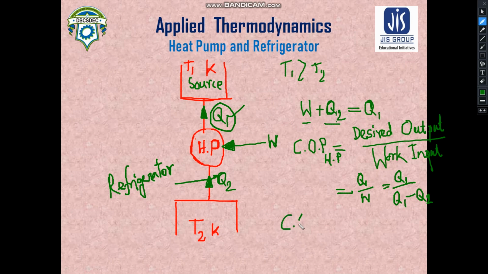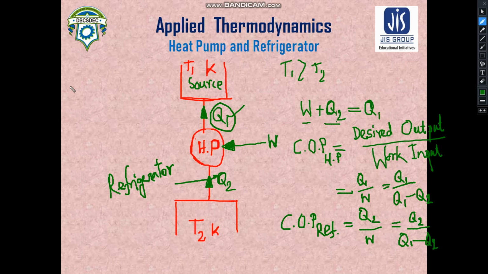Now what will be the COP of a refrigerator? In case of a refrigerator, what is your desired output effect? Your desire is essentially concerned about this low temperature heat. That means this Q2. So you are concerned about this Q2, right? So this Q2 divided by Q1 minus Q2.